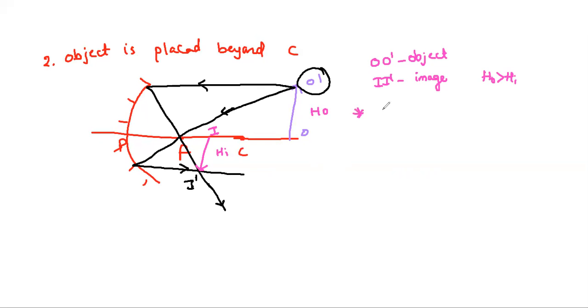And the first thing is the image is formed between F and C. The second thing is, since it is formed outside the mirror, it is a real image, and the top of the object will appear like bottom, and the bottom of the object will appear like top. So it is the inverted image.